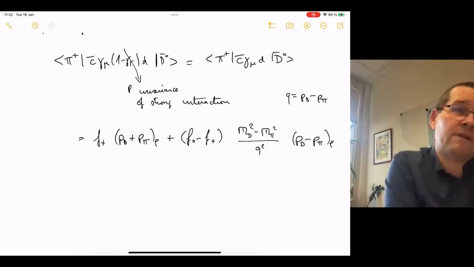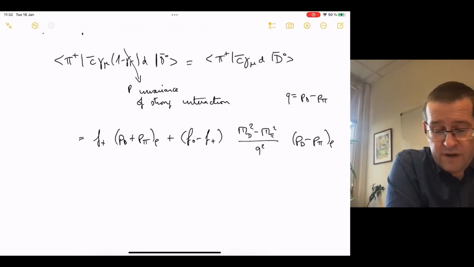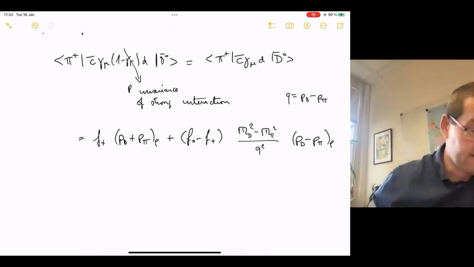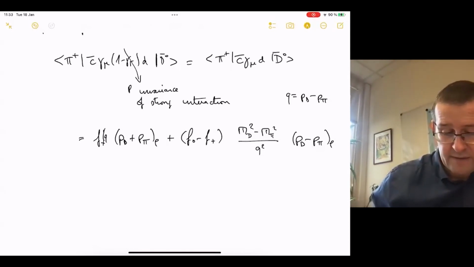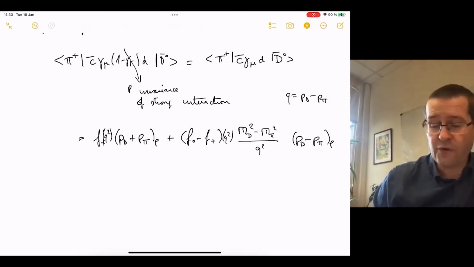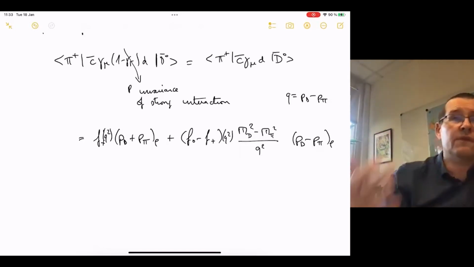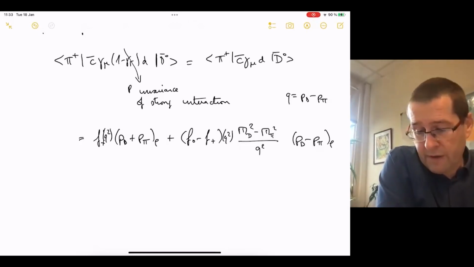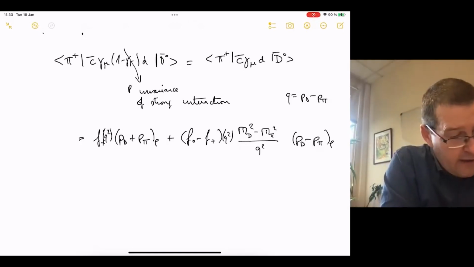So these are fixed quantities, but the product of the two, P_D times P_pi, is not. And so you can consider that they are functions of Q squared, which is exactly the same thing because you can find the product of P_D and P_pi inside Q squared plus M_pi squared and M_D squared.